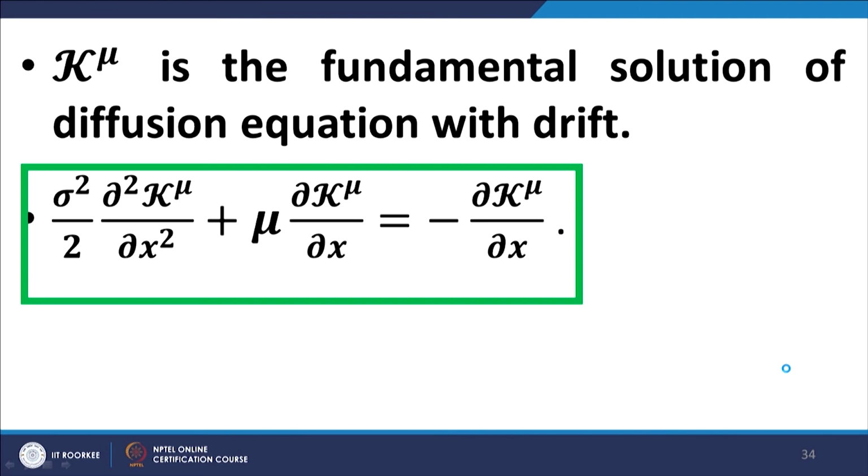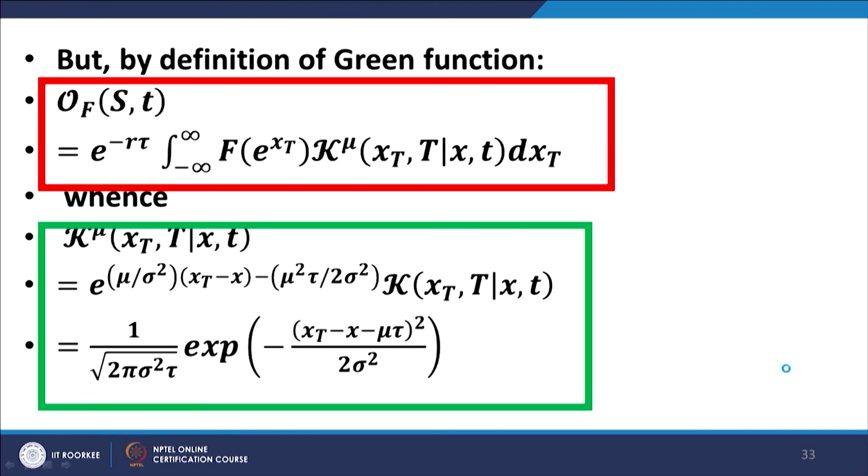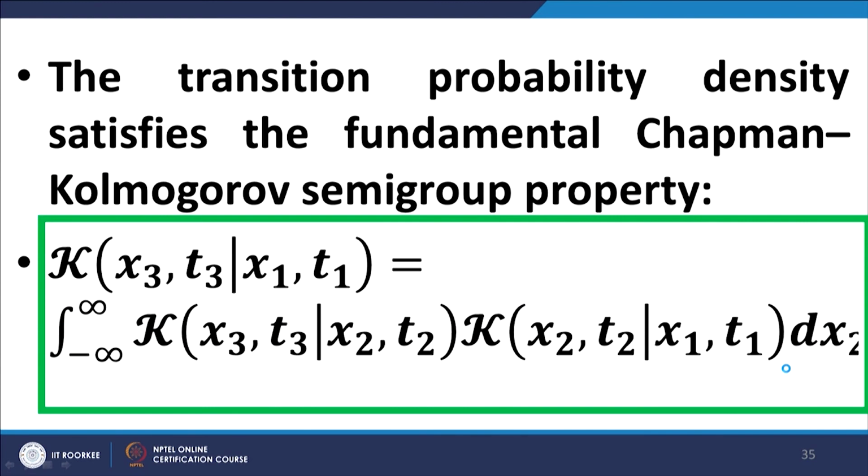It is a straightforward exercise parallel to what we had done earlier in the case of the diffusion equation without drift. It is absolutely similar. We can do it in the same way.